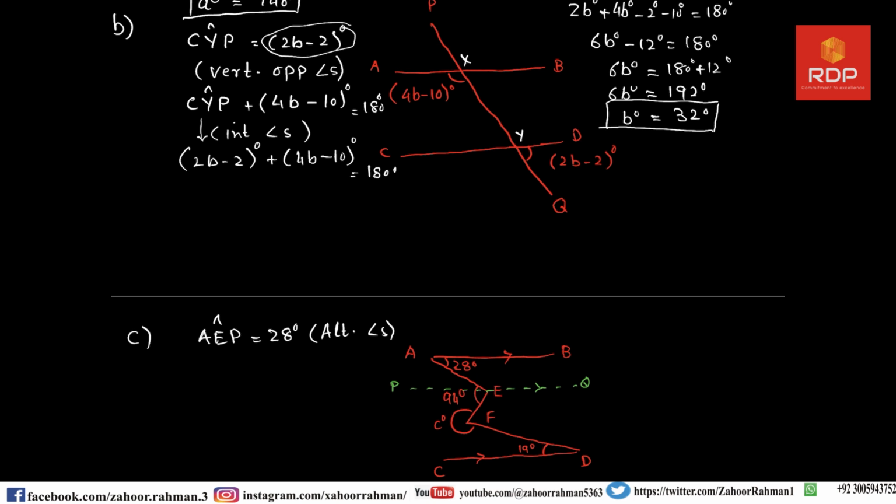So FEP, if we are going to find FEP, that is 94 degree minus AEP, and we found the value of AEP.